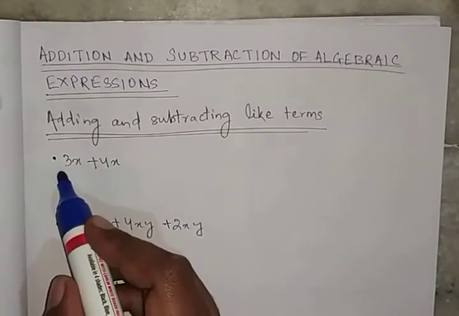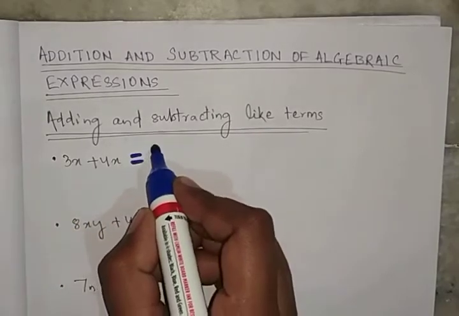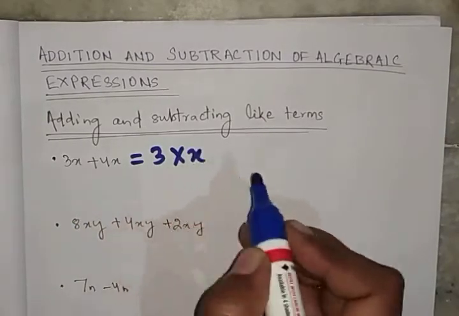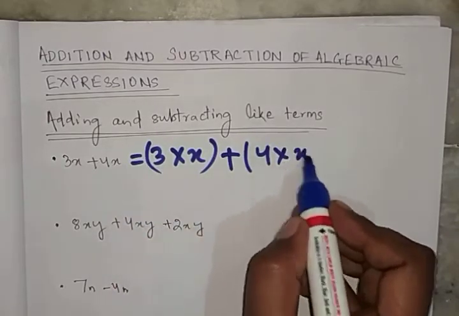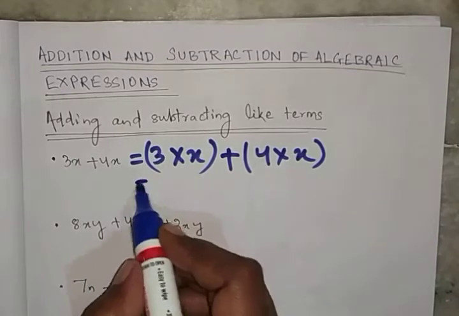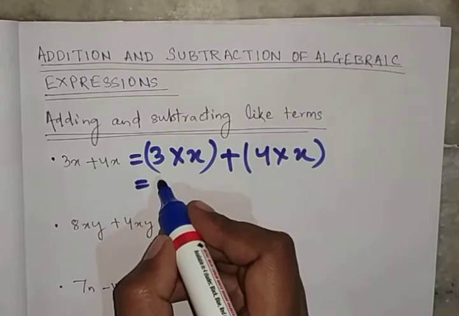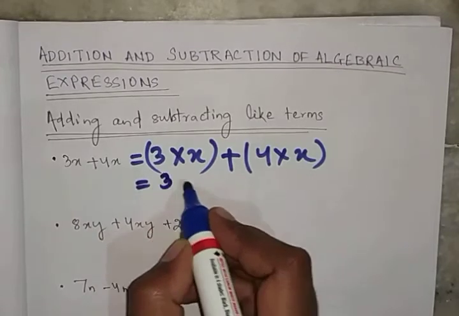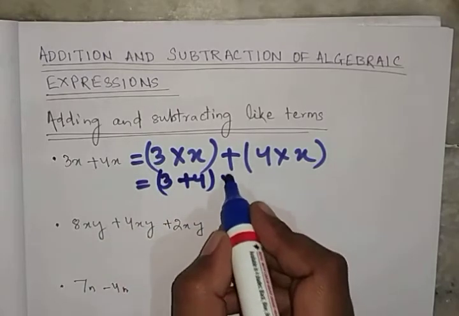So here 3x plus 4x is given. What can you write it as? 3x as 3 into x, plus 4 into x. So these are like terms. So what can you write? 3 plus 4 into x.